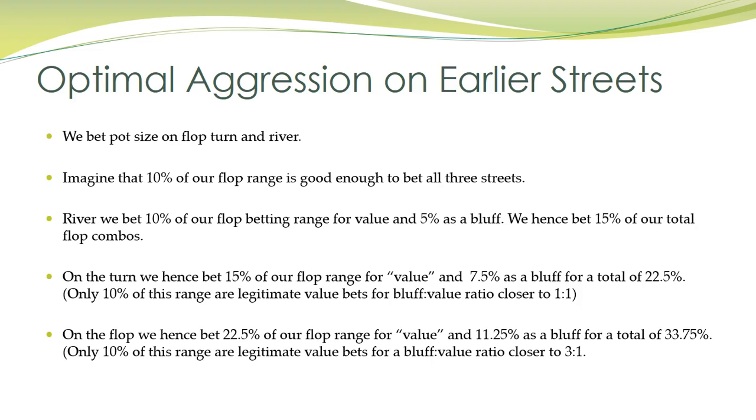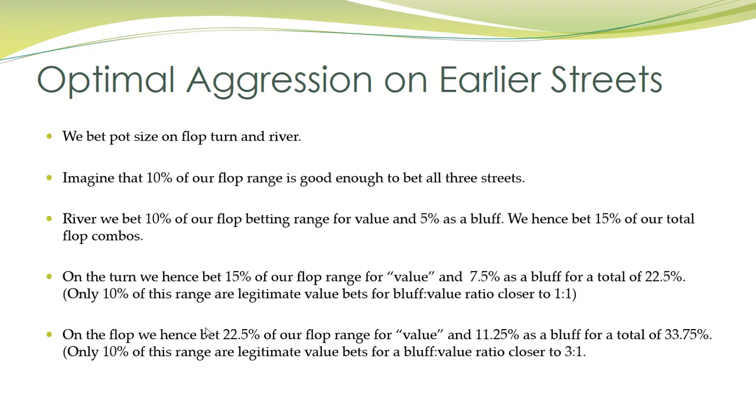In fact, for every 1 bluff, we had 2 value hands. Whereas once we get to the turn, it's a little bit closer to being equal there. We have maybe 1 bluff for every 1 value hand. Once we get to the flop, we actually have considerably more bluffs in our range for each 1 value combo that we have. So the earlier the street we are on in poker, the more aggressively we should bluff.